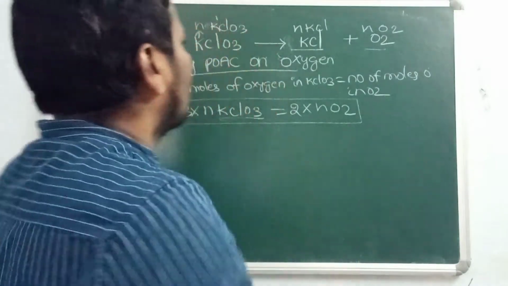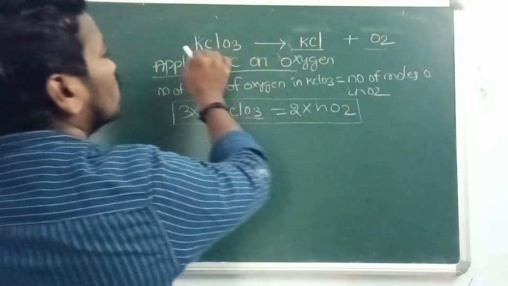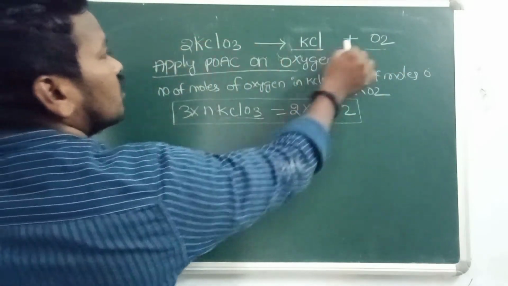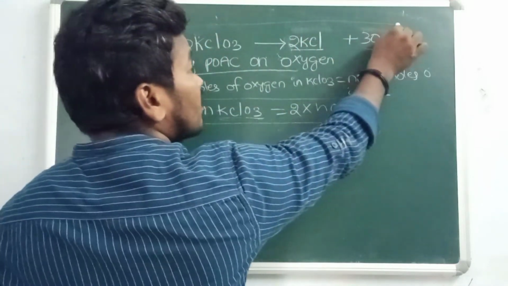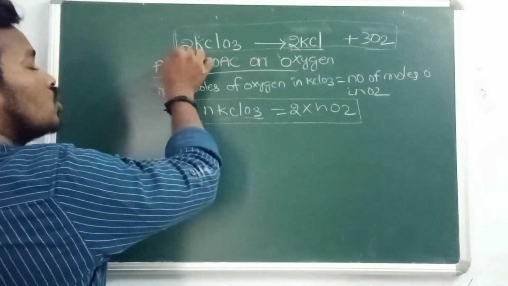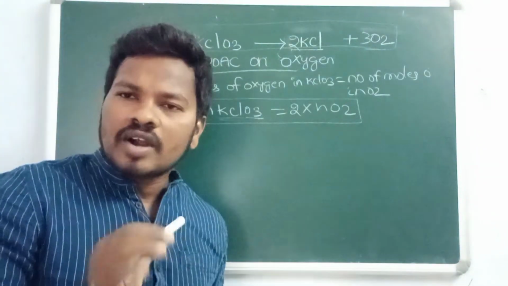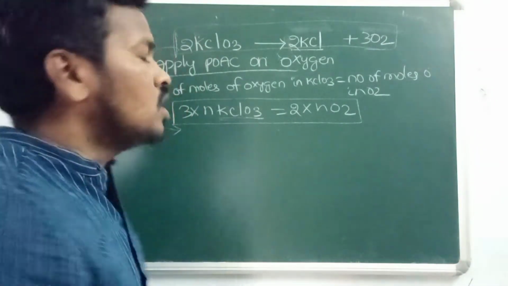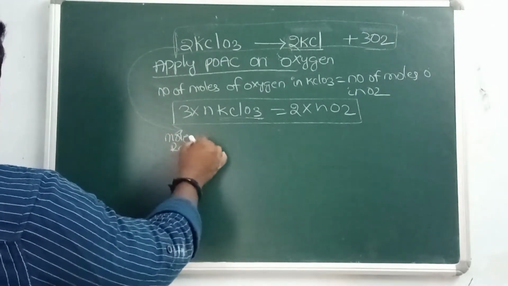So for example, if you want to apply the mole ratio: 2 KClO3 gives 3 O2 and 2 KCl. Whenever you apply the mole ratio, you have to use the balanced equation.